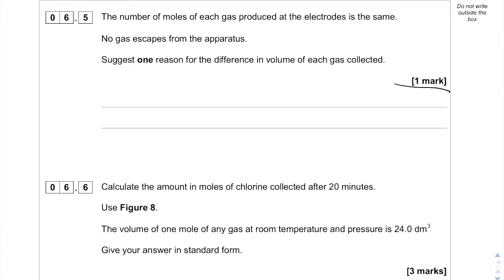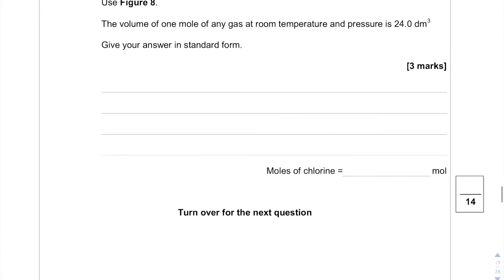So yes, the solution for this would just be: chlorine gas reacts with water, or chlorine gas dissolves in water. So take this question with a grain of salt, because I would myself.